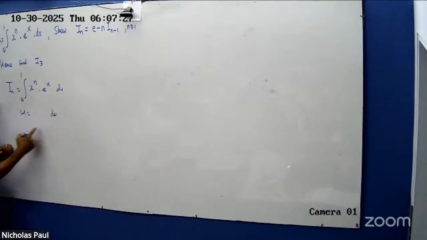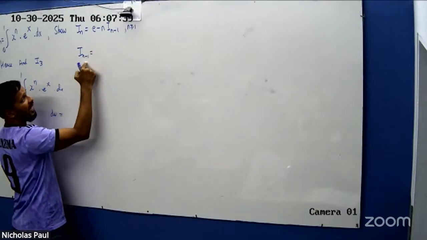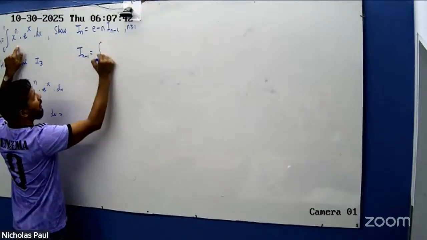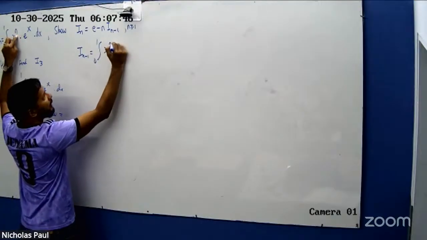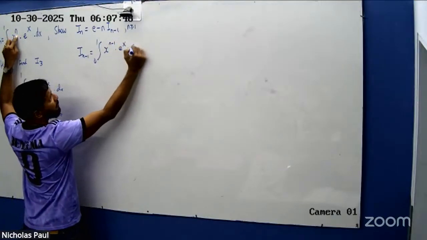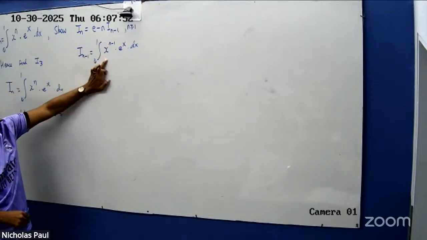This is integration by parts: one you differentiate, one you integrate. We need to figure out which one goes where. Sometimes I'll tell you what to do. Write down I_(n-1). That will be the integral between 0 and 1 of the same thing with n changed to n minus 1.